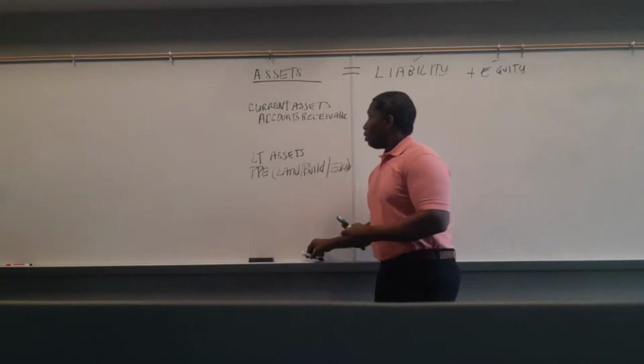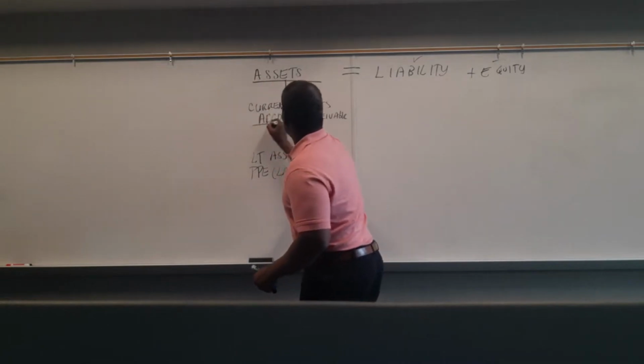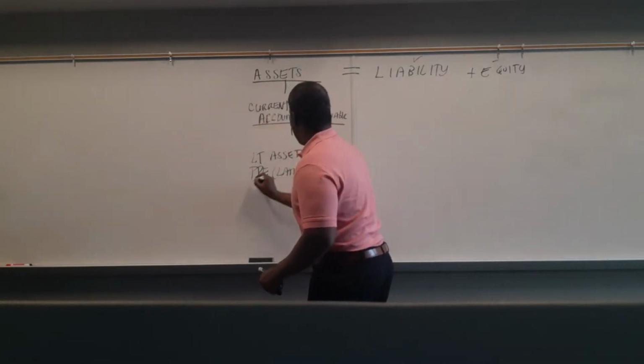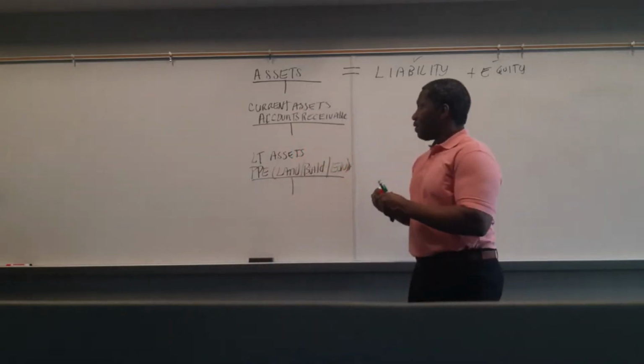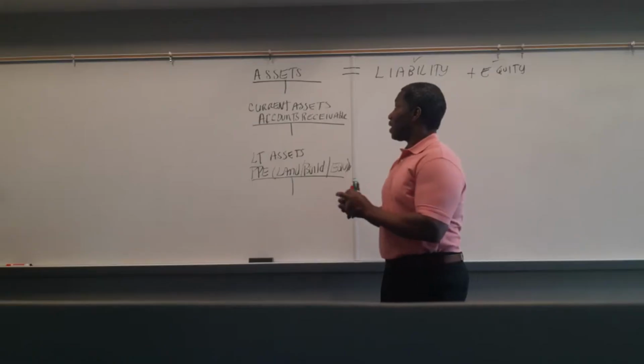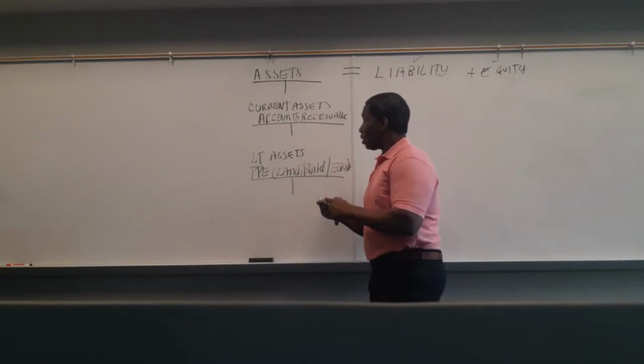Now, we always have to remember how things increase. Even though we have a couple different categories and a bunch of mini categories, everything is going to increase the same because we have assets. So all of my assets increase with a debit.